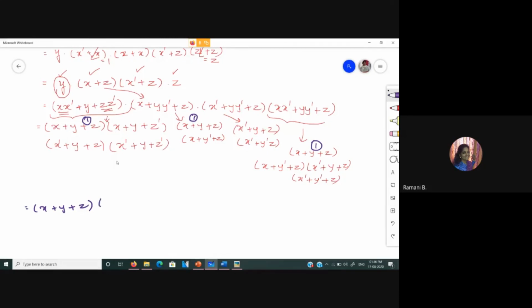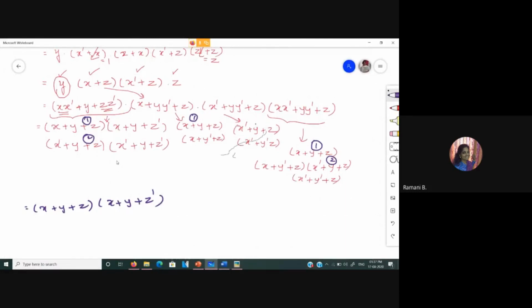I don't think we have it in another place. So x plus y plus z bar, and then x bar plus y plus z. So we have this term x bar plus y plus z. Here also we have it, and here also we have it.